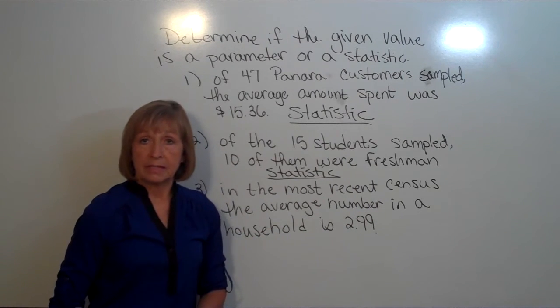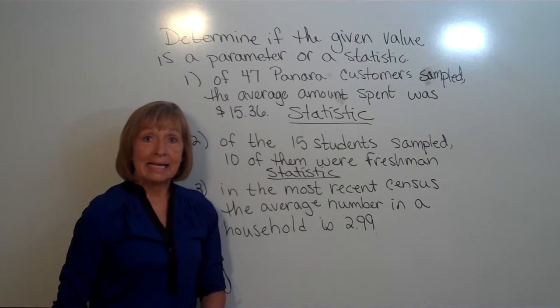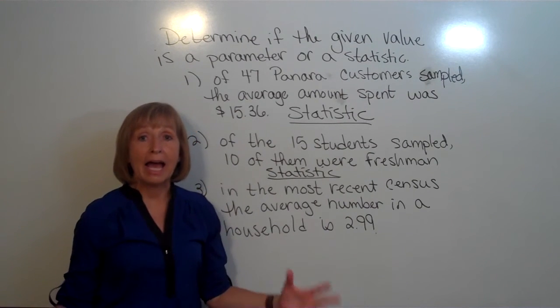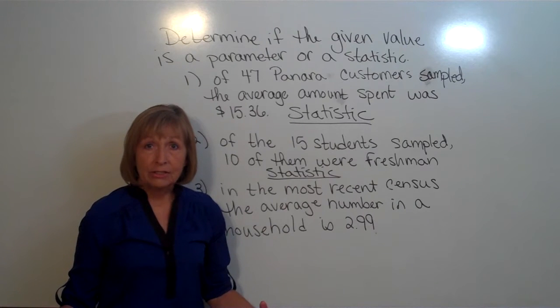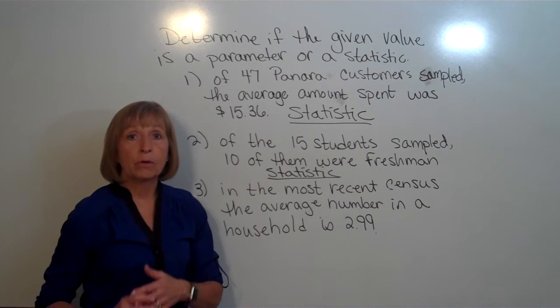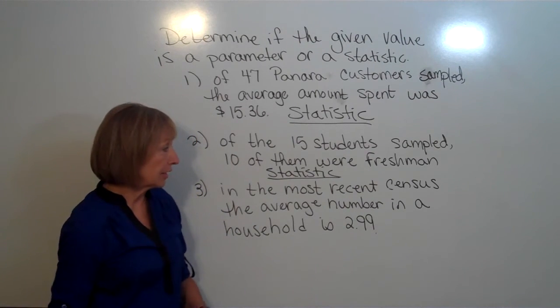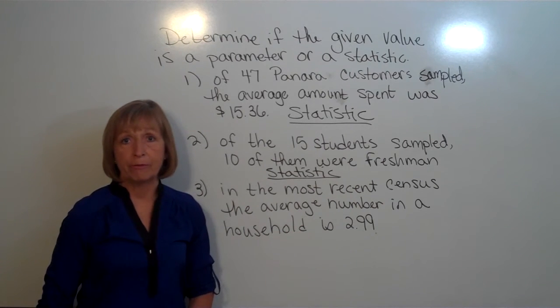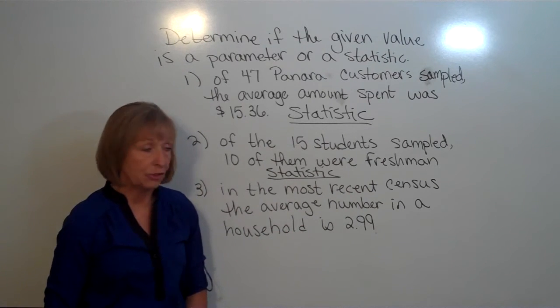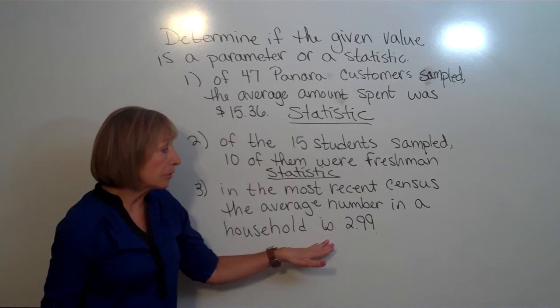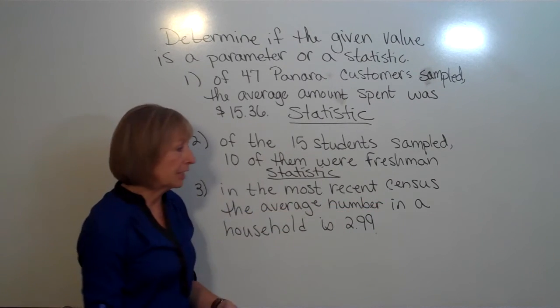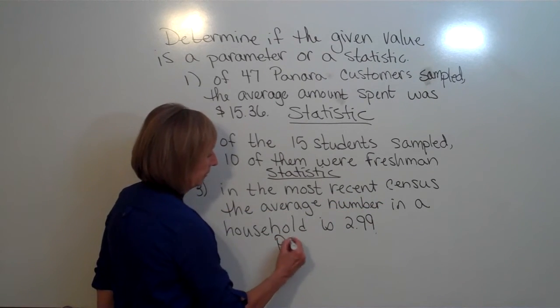Well, as you know, the census takes the measurements of the entire population. When they do a census, they work very diligently at making sure they gather information from the entire population. So this is a numerical summary of the population, so this is a parameter.